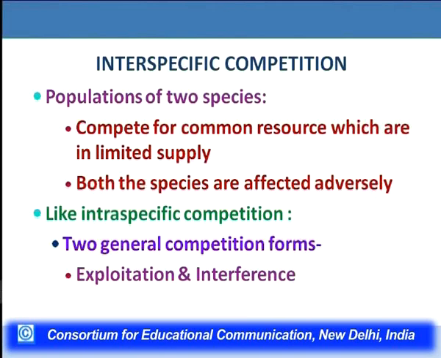But whenever the resource is less in supply, then there is going to be fierce competition, and individuals of both the species have to compete with each other if they are to use that resource, if they are to gain nutrition or mates or territorial grounds, and this might lead to adverse effect on both the species. Whenever there is interspecific competition, it will have adverse effect on both the competing species.